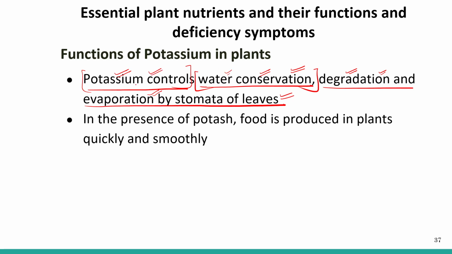If potassium is not present in an adequate amount, then what will happen? The stomata will be open and there will be loss of water, right? So in the presence of potash, food is produced in the plants quickly and smoothly.